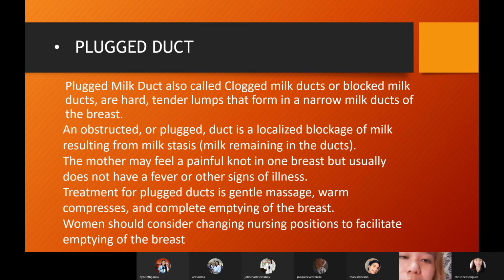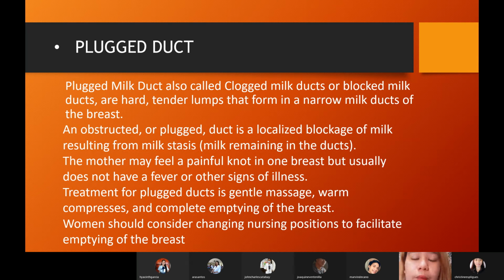Warm compress is also a big help, and complete emptying of the milk. So mothers should consider changing nursing position from time to time for the baby. Why?